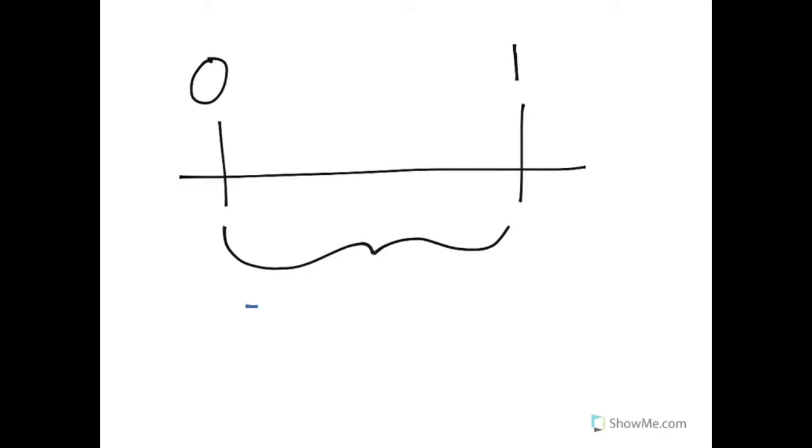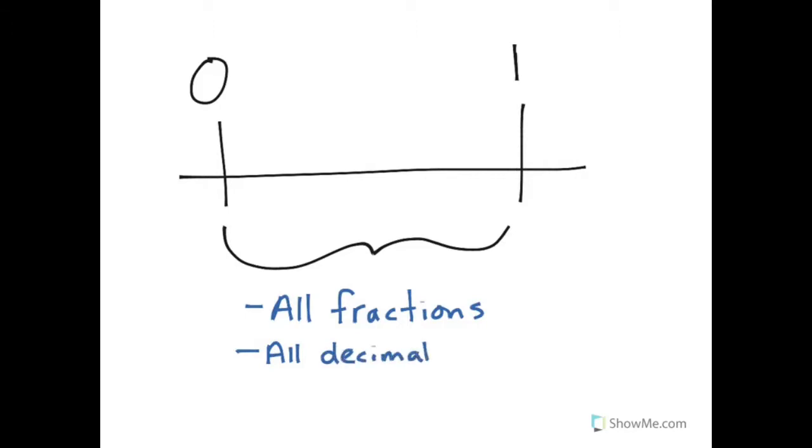So this is where we find all fractions, regular fractions, every single one of the decimal place values. Some people call them decimals. I like to call them decimal place values, or decimal places.